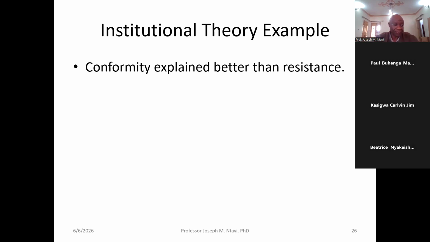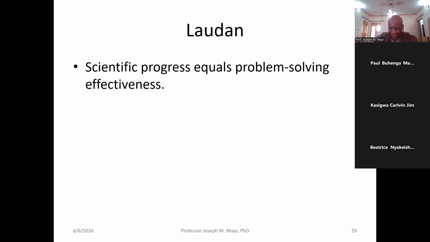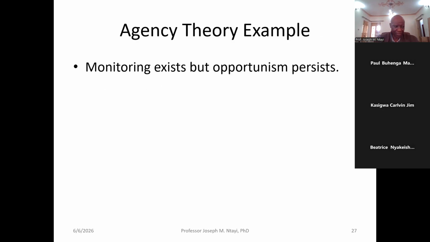But let me just give you an example, right? And I'll give you only one example from procurement for some of you who are here, and you are studying procurement, right, ladies and gentlemen?